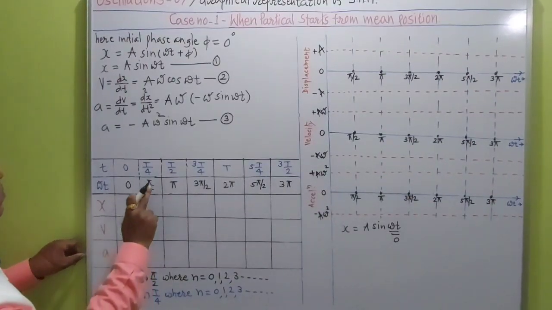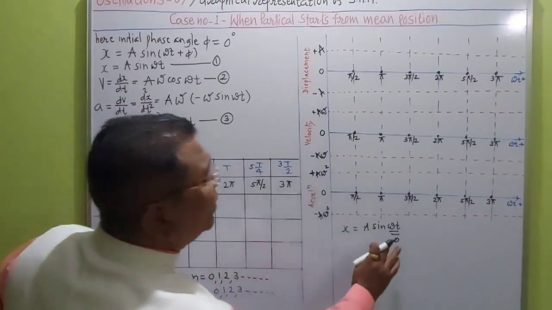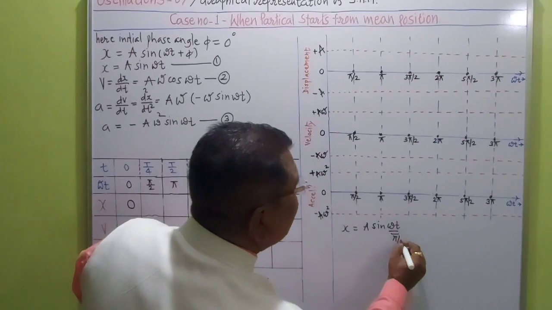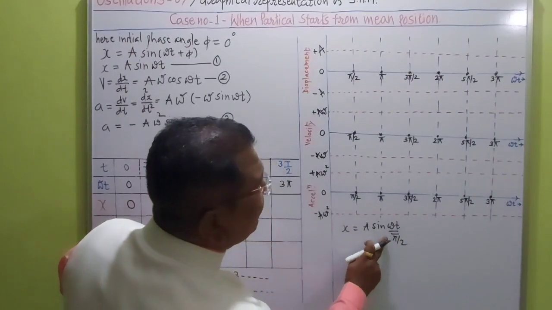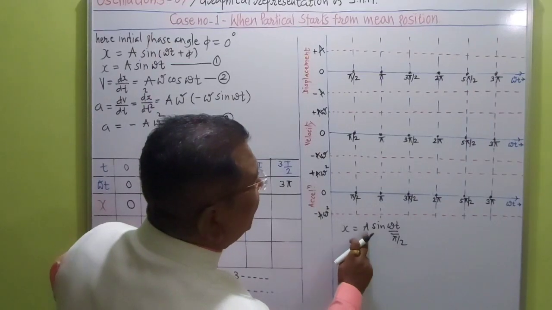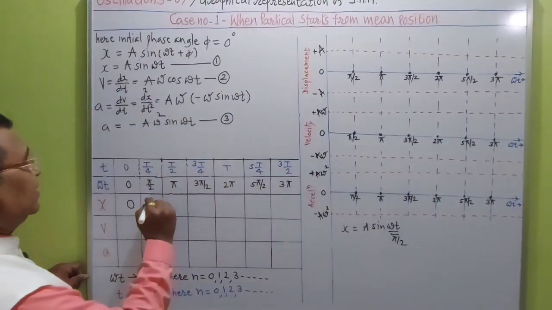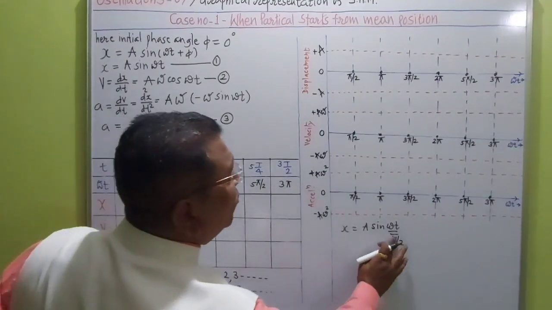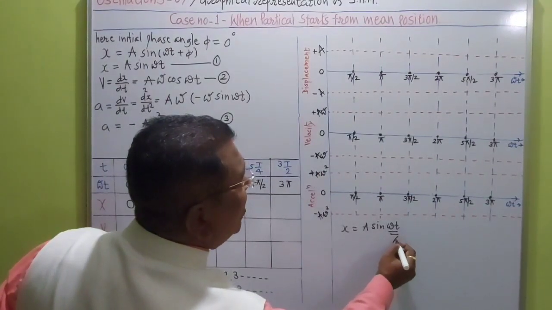Then next one, pi by 2. Put omega t is equal to pi by 2. Sin of pi by 2 is equal to 1, 1 into A, we get plus A. Then again, put omega t is equal to pi.